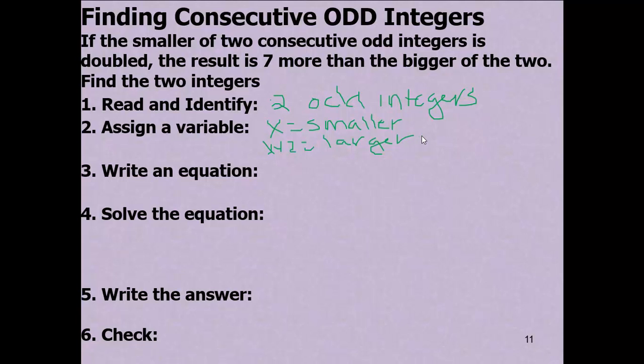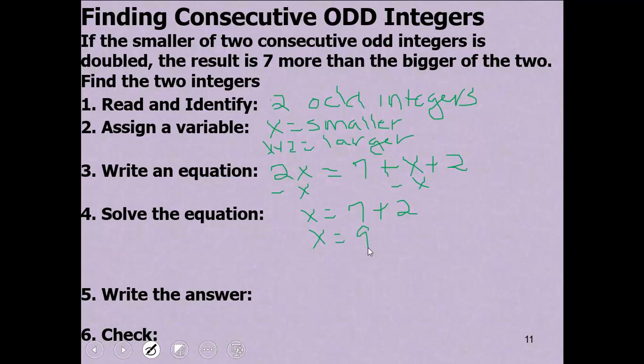I multiply it by 2. So doubled means 2x. The result equals 7 more than the bigger. What's my bigger? 7 plus x plus 2. Now I have to solve it. I subtract x, and I get x equal to 7 plus 2. x is equal to 9.